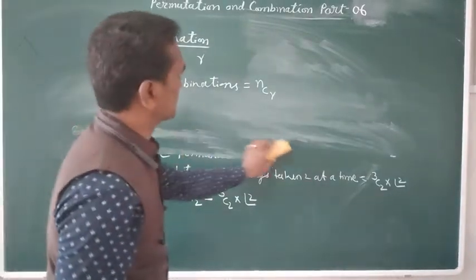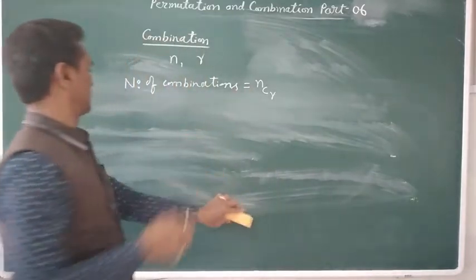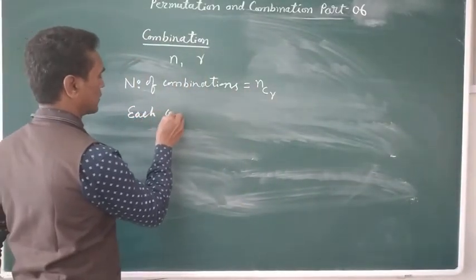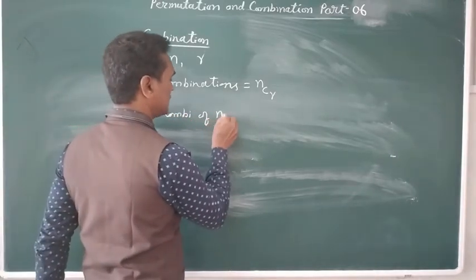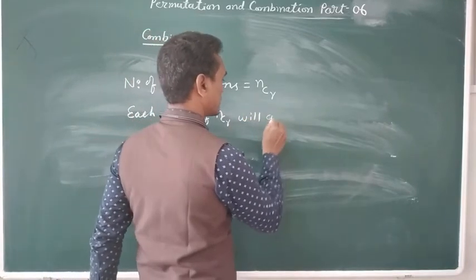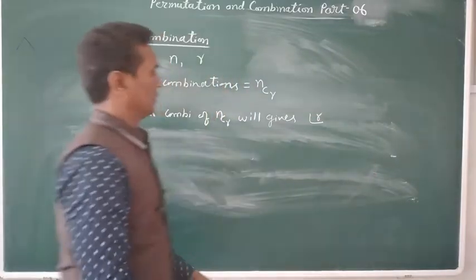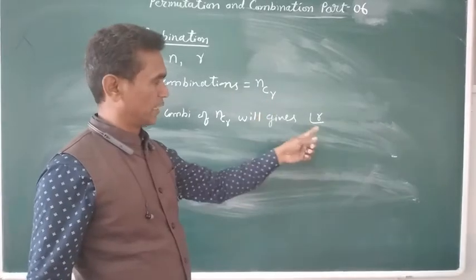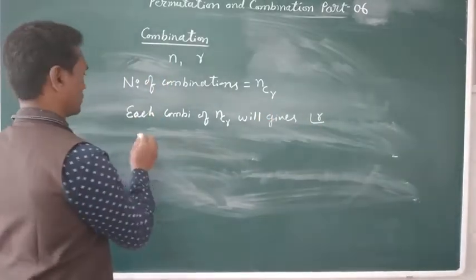And now each combination of this nCr will give factorial r permutations. In the example, the value of r was 2, so that's why it was factorial 2, but here it is factorial r.